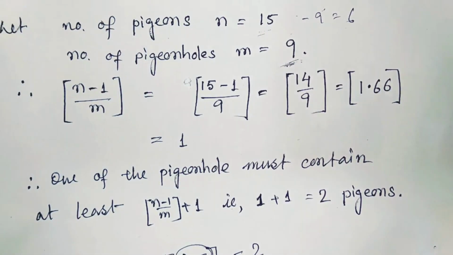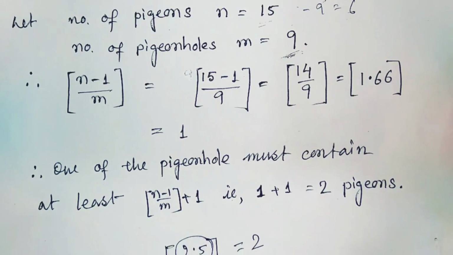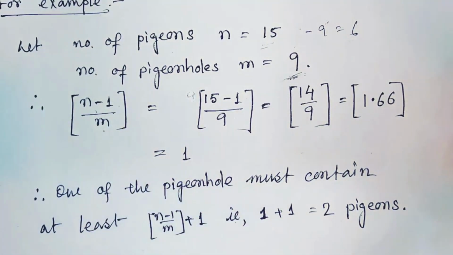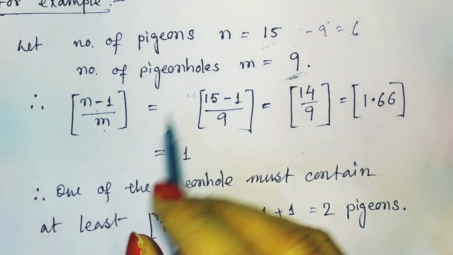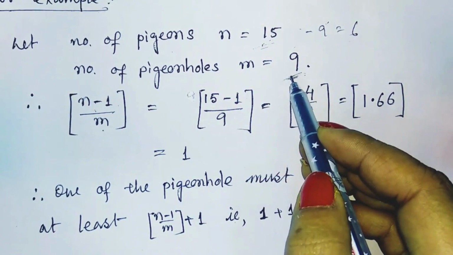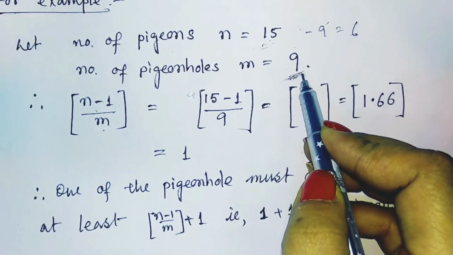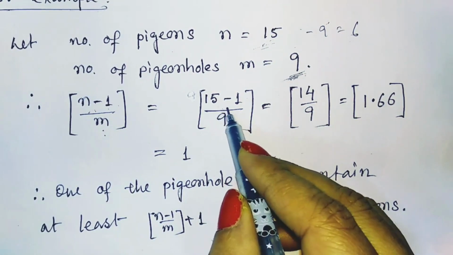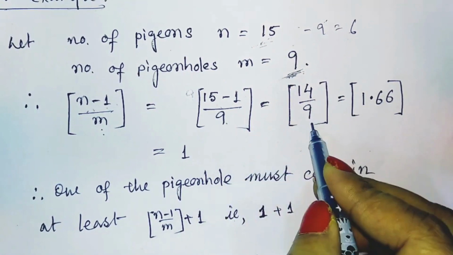Now according to the generalized pigeonhole principle, the formula is floor of (n minus 1) by m, plus 1. So if we consider the same problem, 15 pigeons and 9 holes, then (n minus 1) by m is (15 minus 1) by 9, that is 14 by 9.